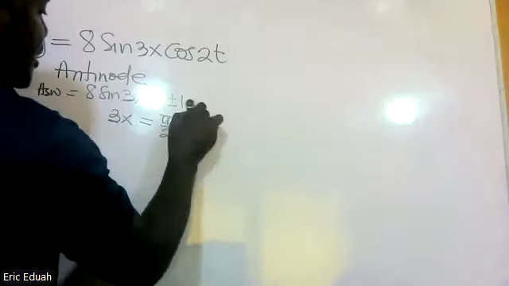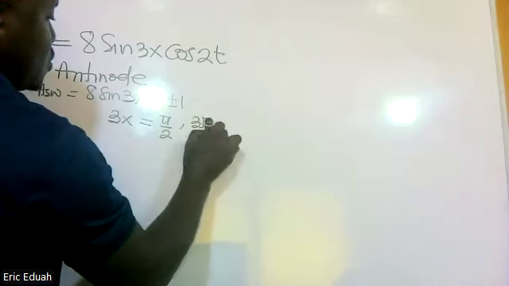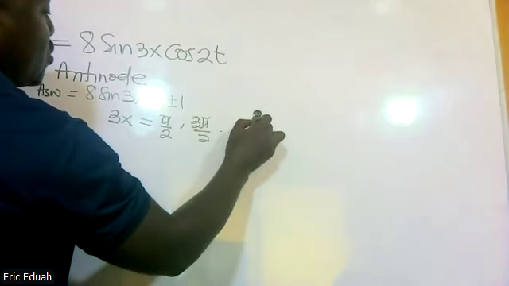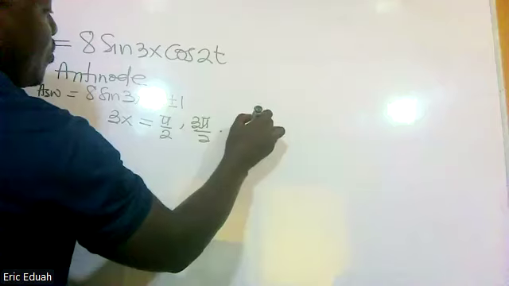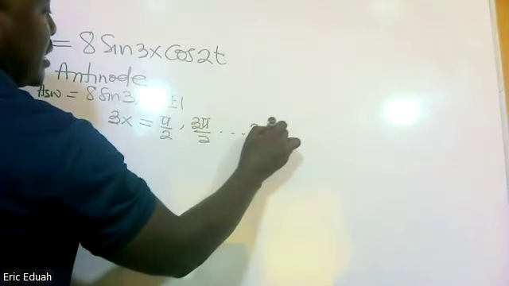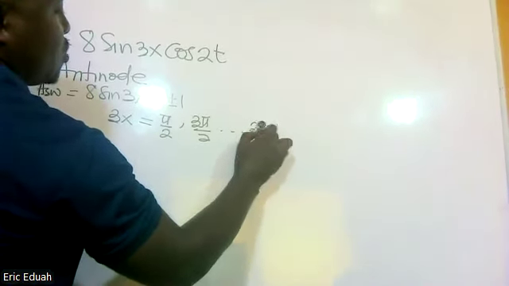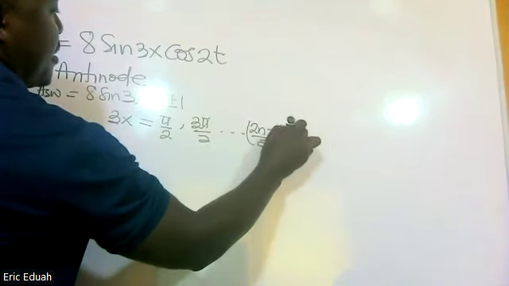So 3 pi on 2. So it will be (2n minus 1) all on 2 times pi.